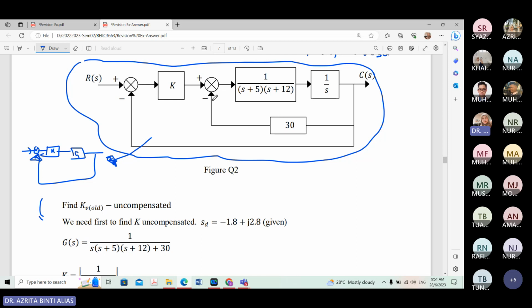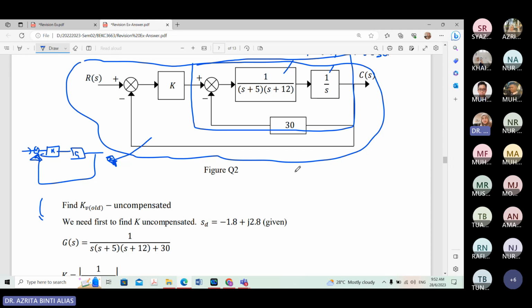So from here, we need to solve this inner loop system. This is actually very simple. We have this block cascaded with the 1 over S, and then we have a feedback path here. So we do the closed loop here.